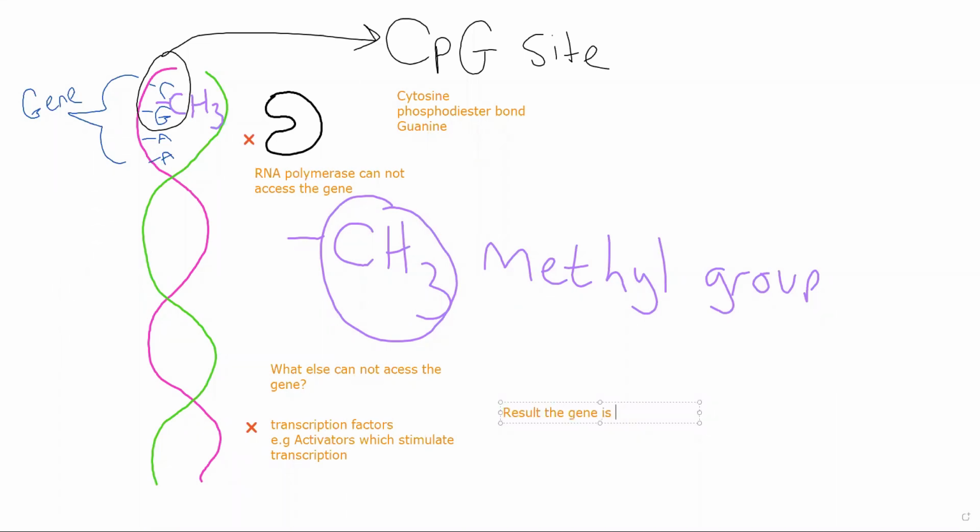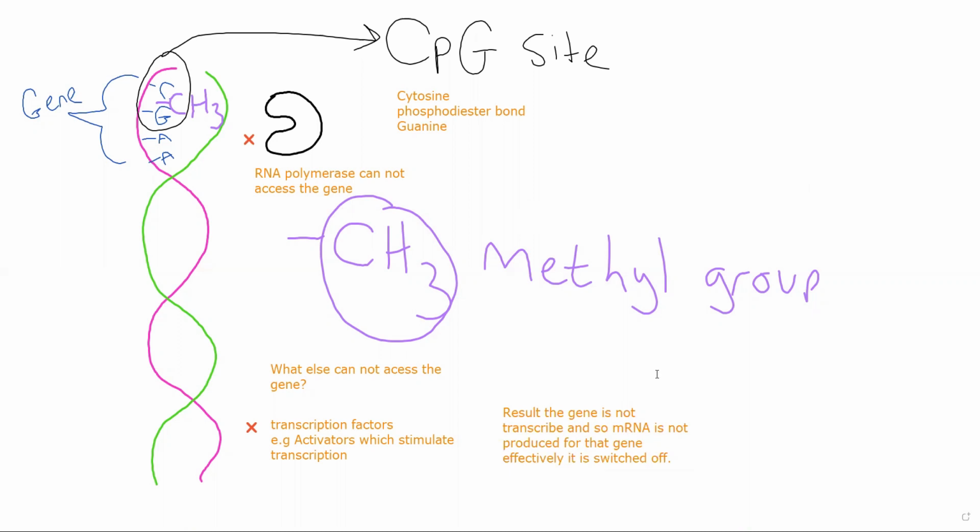The result of the methylation of the CpG sites is that these transcription factors cannot bind to the DNA where they normally aid the binding of RNA polymerase. And the overall result is that the gene isn't transcribed, so we don't get mRNA for that particular gene. Effectively, the gene is switched off.